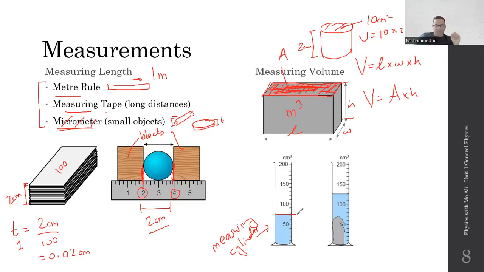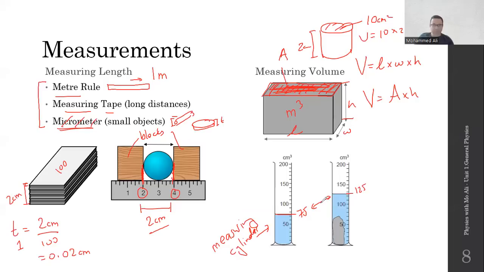We get the volume here. This value should be about, let's say, 50, 60, 70, 75. That's your initial volume of the water. Put some water in a cylinder, and then slowly and gently drop the object into the water so you avoid splashing. So what will this value be? So that's 100, 110, 120, 125. The difference between these two readings is going to be the volume of this rock.